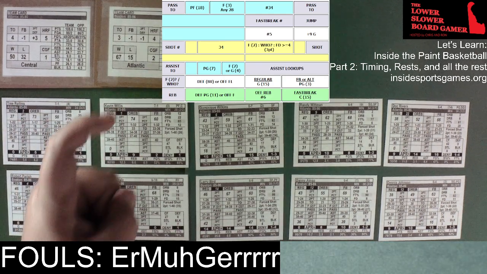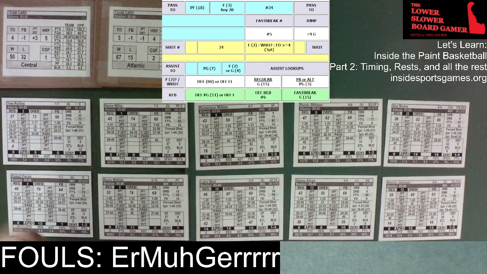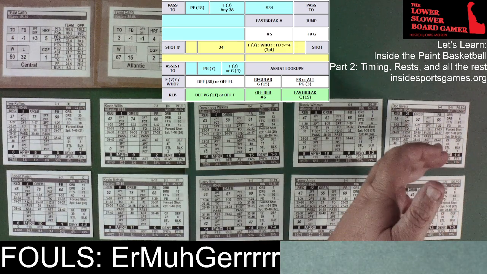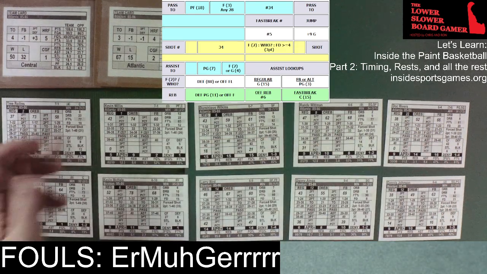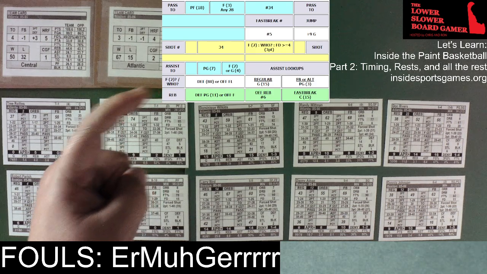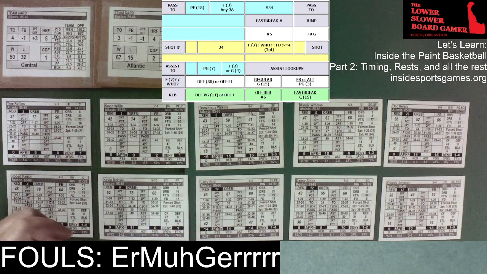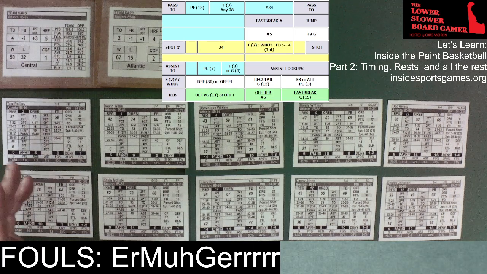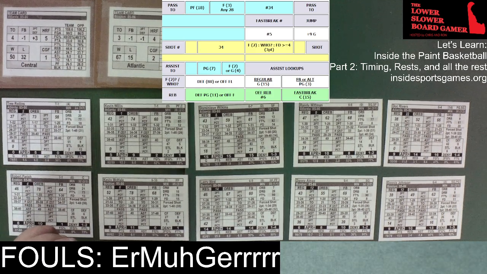So anytime you have the OFFFL, you're checking the entire defense to see if anyone has that number. If not, you're checking the defender, and as long as nobody has it, it's going to be an offensive foul against the shooting team. OFFFL, offensive foul.